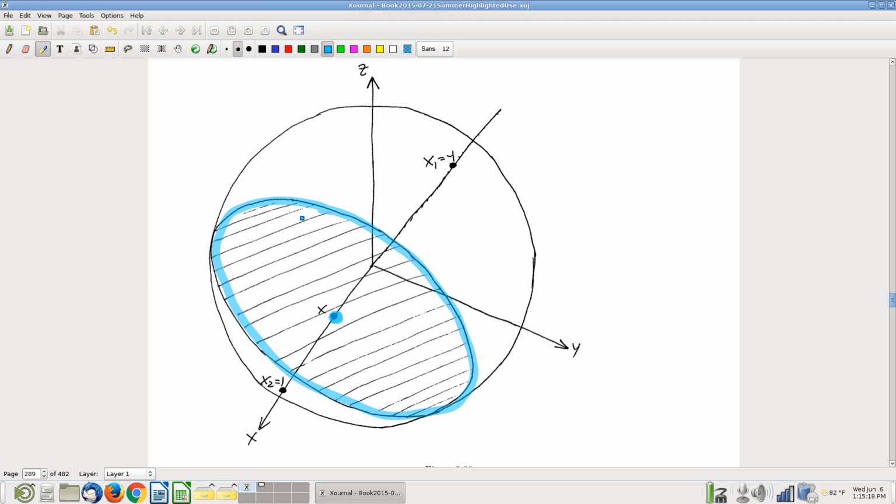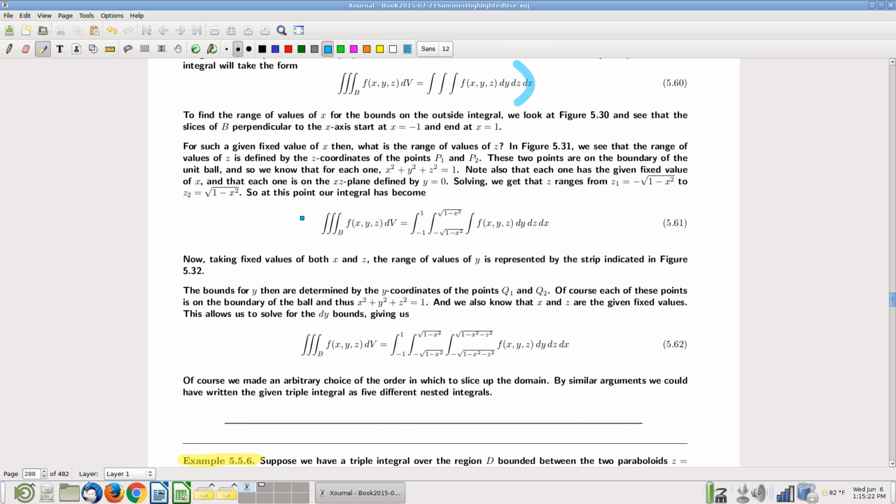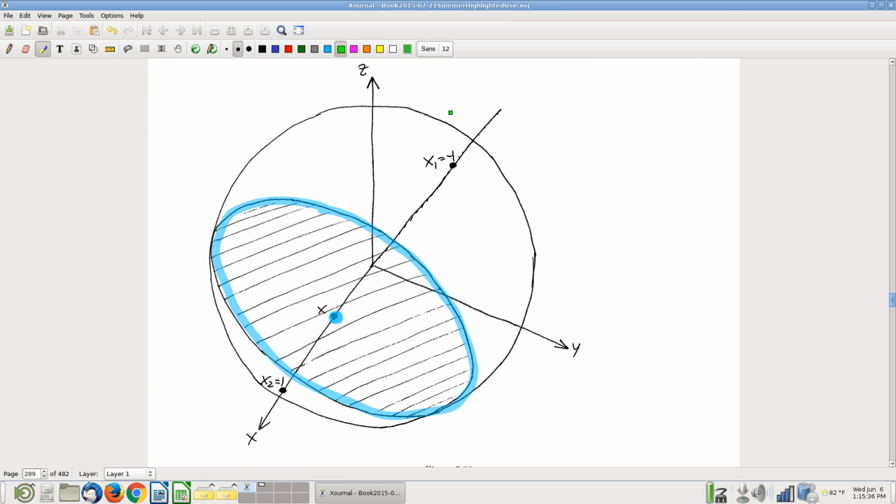Okay, so on this value of x, I want to know what's the range of values of, let's see here, I'll use green. I missed. Harder to aim this thing than you'd think. z, range of values of z. Okay, so hard to draw, but on this x slice, what does a z slice look like?